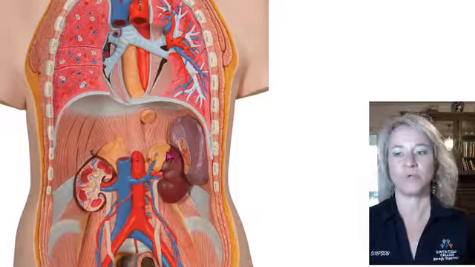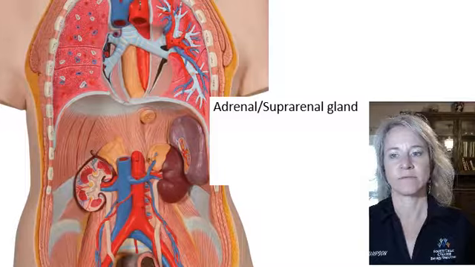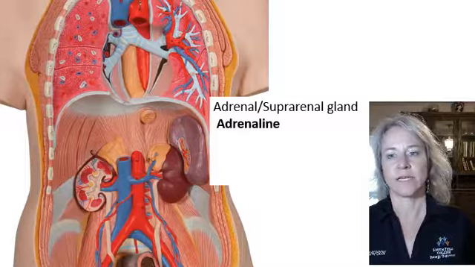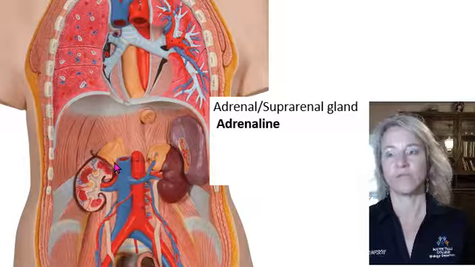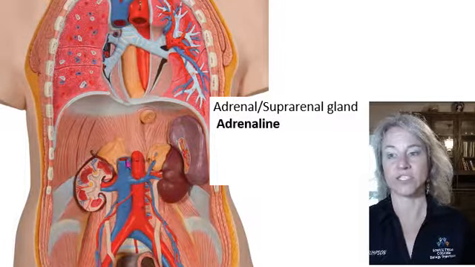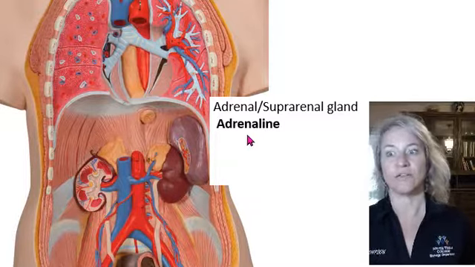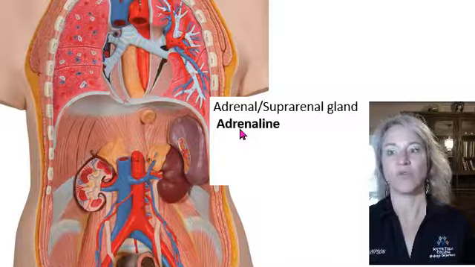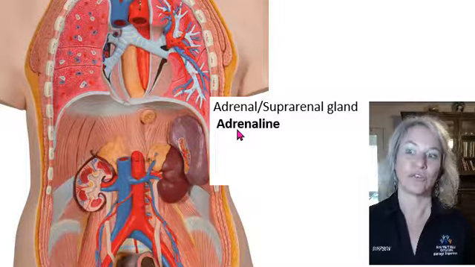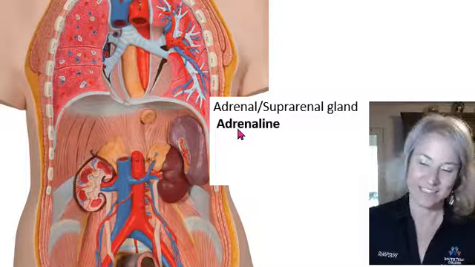Adrenal or suprarenal glands. And the glands have more hormones than just adrenaline, but for now, for this first test, I want you to know that adrenaline is one of the hormones that comes from the adrenal gland.